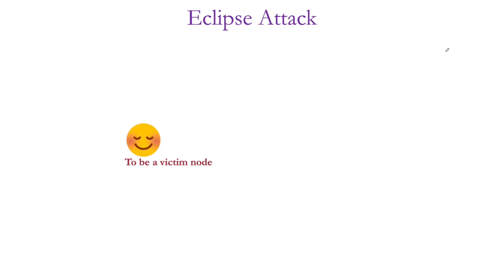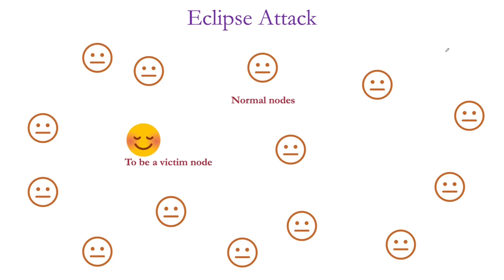So if you consider that we have some normal nodes, and a node which is going to become a victim node by the attackers. In a distributed, peer-to-peer network, every node is going to connect with every other node, and that connection is established using TCP connections, and they use their IP addresses for identification purposes.